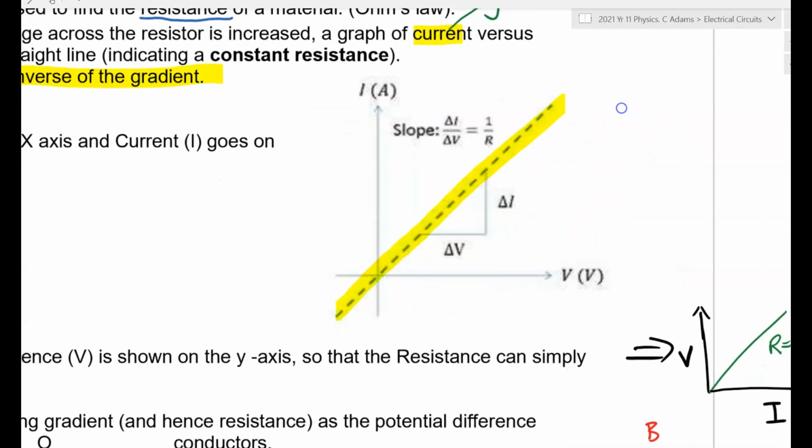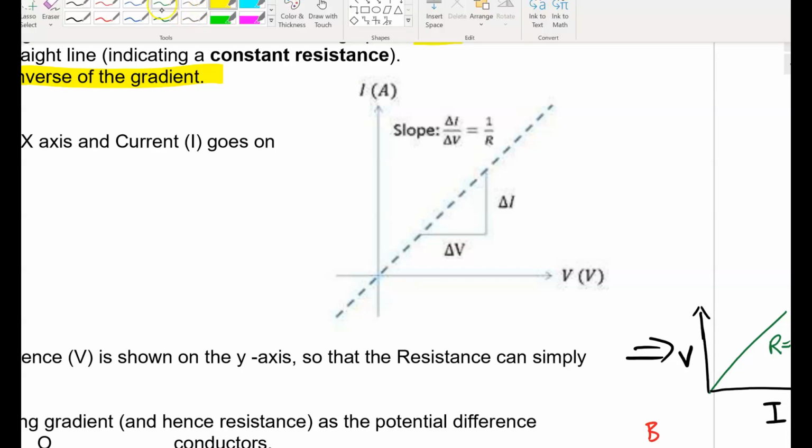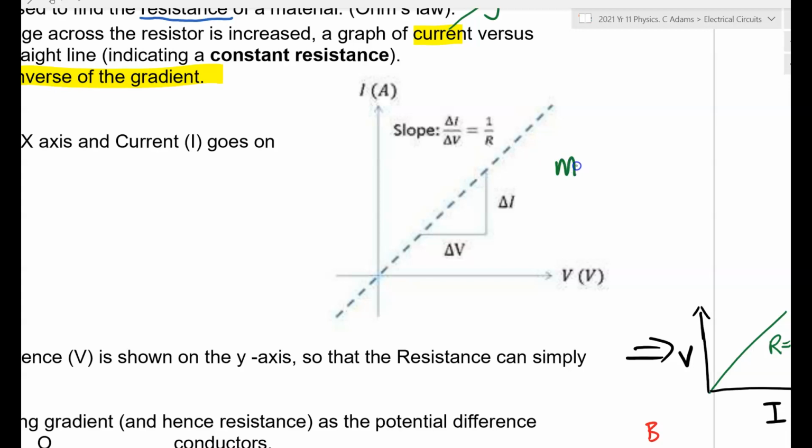Let's look at this graph here. All right, here's our current versus voltage. Our gradient is our rise over run, and in this case it's I over V, right?